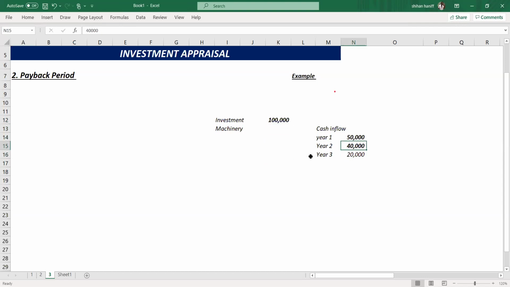So remember in payback period, we don't consider the returns after the payback period. So that's a disadvantage. Now year 1, I'm getting 50,000. Year 2, I'm getting 100,000. Year 3 also 50,000. Year 3, anyway, we don't consider. What is my payback period?